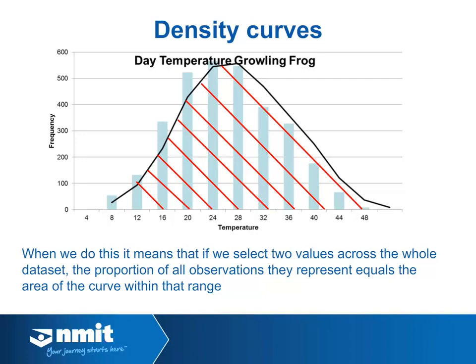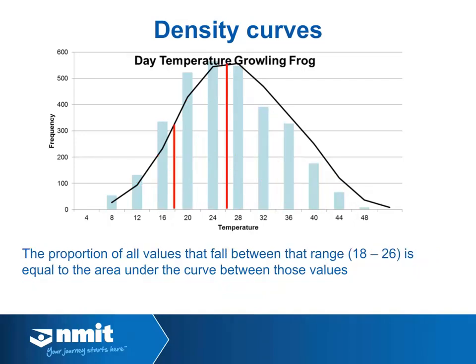If we select two values, any two values in this data set, the area encompassed between these two data points will equal the proportion of all values that were found between these 2 points. Let's, for argument's sake, take the temperatures 18 and 26.